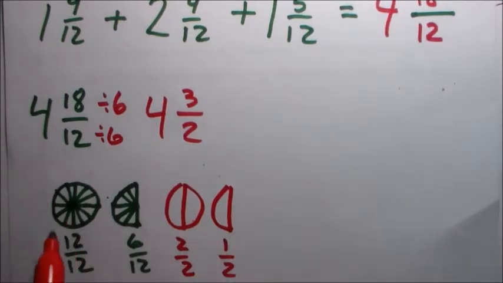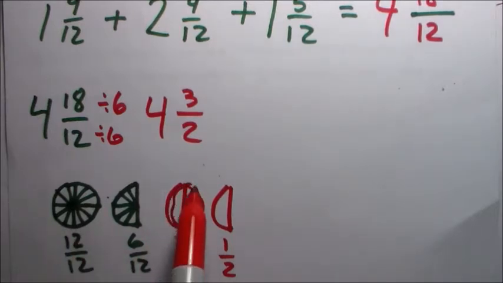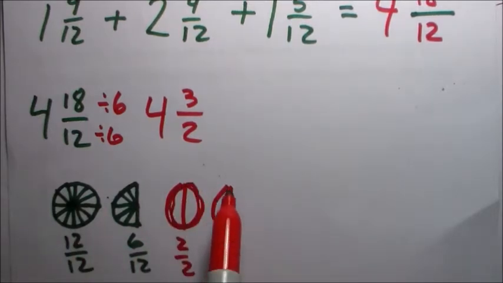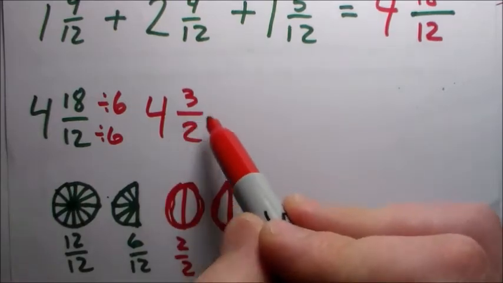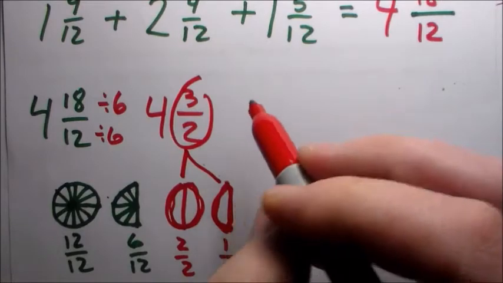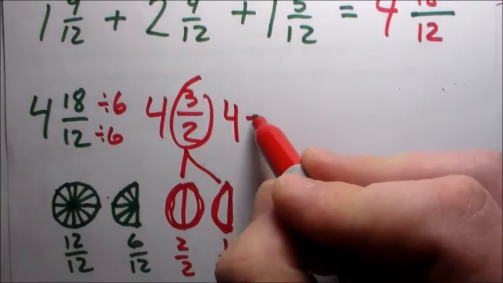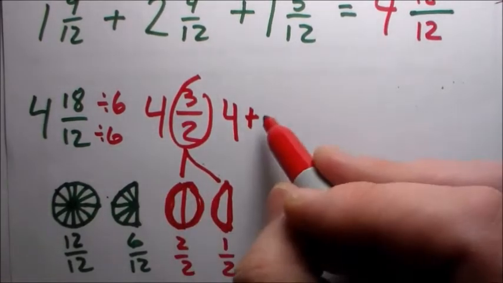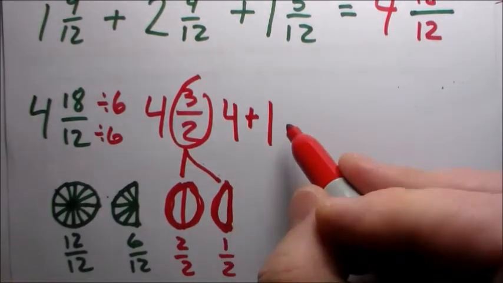So what is that? Well, this is a whole, and this is a half. So 4 and 3 halves, this part equals 1 and 1 half. So let's keep the 4, and then we're going to add the 1 and add the 1 half.